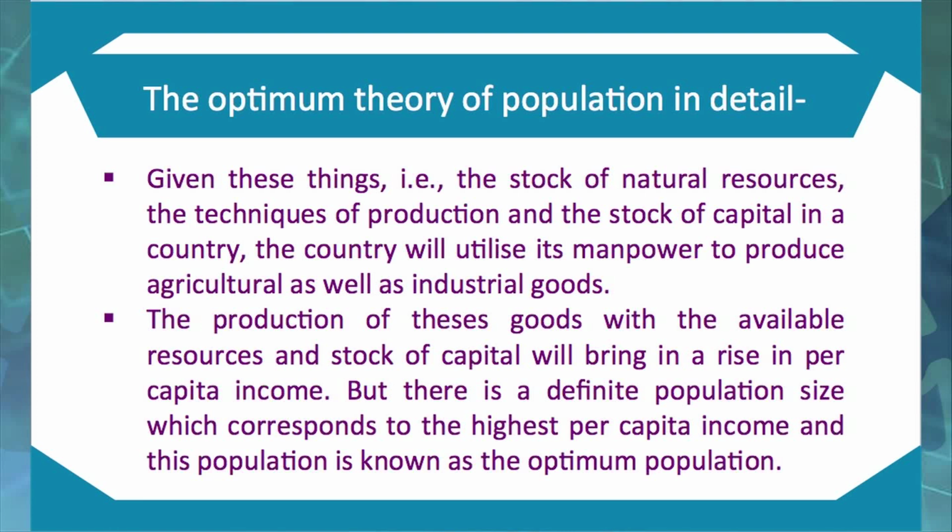The production of these goods with the available resources and stock of capital will bring in a rise in per capita income. But there is a definite population size which corresponds to the highest per capita income, and this population is known as what? Optimum population.